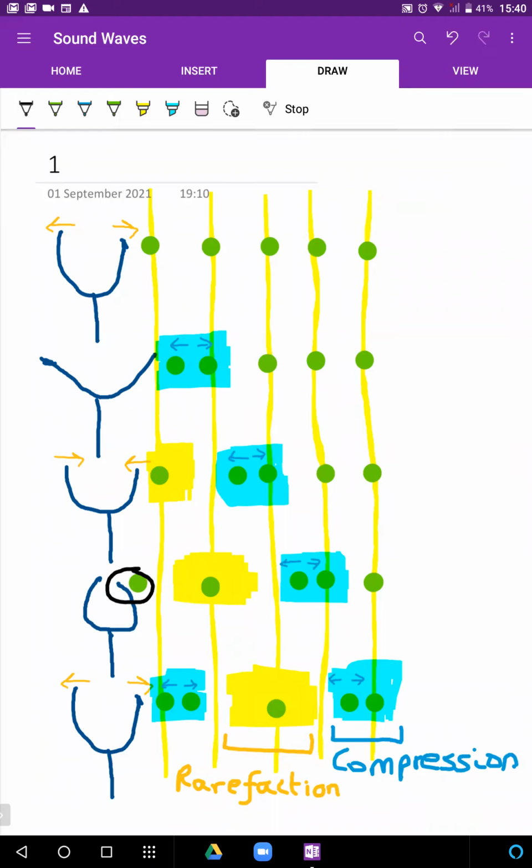The first particle is over here, the second is back at its mean position. The third is now at its positive extreme, and the third is now very close to the fourth. And they don't like that. So the third and fourth are going to repel each other. But the third will get back to its mean and the fourth will get displaced from its mean. Okay? It will go towards the fifth.